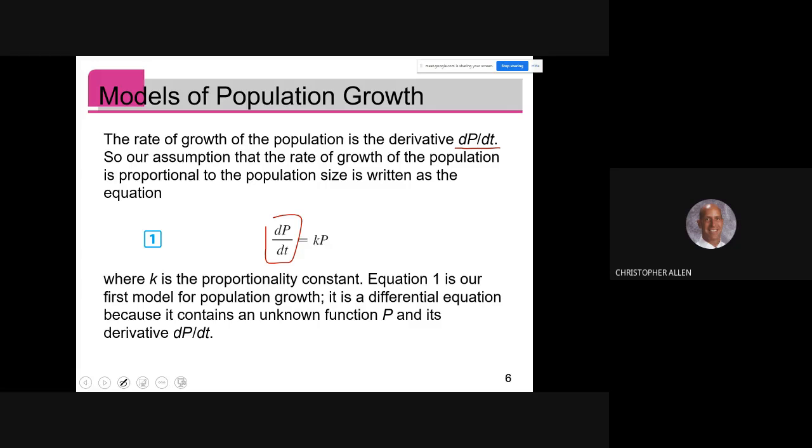Our assumption is that the rate of growth of this population is proportional to the population size. So that gives us k times p. Now I'm reviewing stuff from Algebra 2 / pre-calculus, proportional relationships, where k is the constant of proportionality. This equation models the population growth, and it's a differential equation because it contains an unknown function p and its derivative.